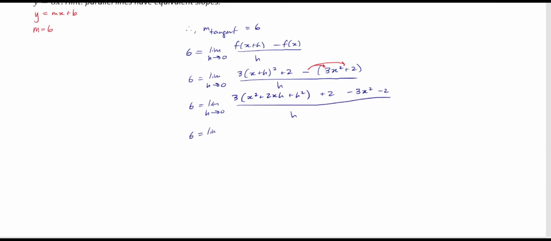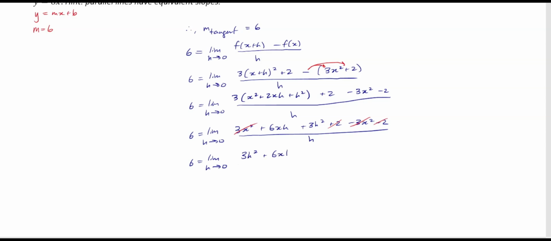So 6 is equal to the limit as h approaches 0 of 3x squared plus 6xh plus 3h squared plus 2 minus 3x squared minus 2, all over h. Looking for terms that cancel, the 3x squareds cancel and the 2's cancel. And so I'm left with 6 is equal to the limit as h approaches 0 of 3h squared plus 6xh all over h.